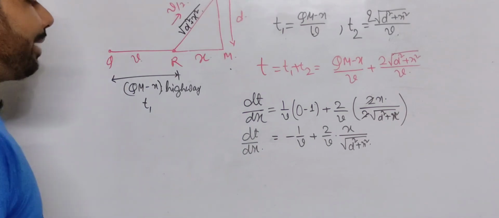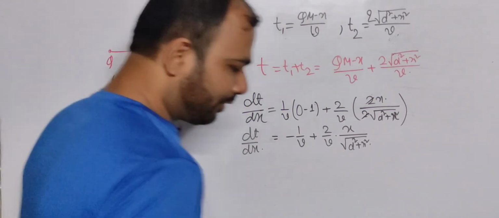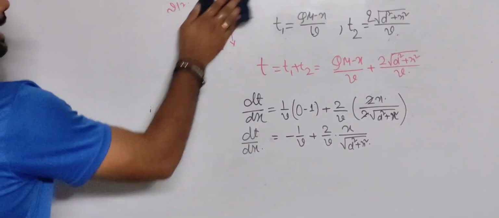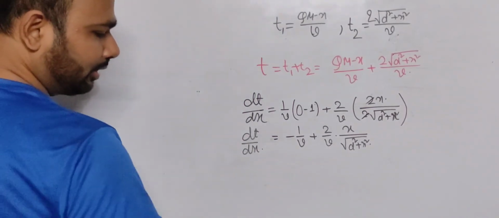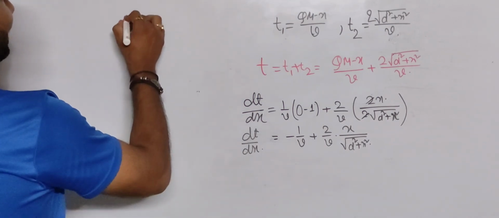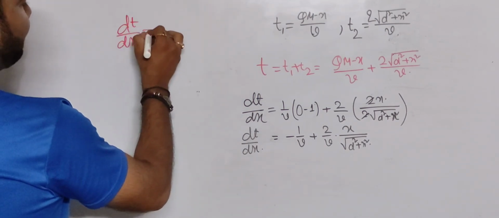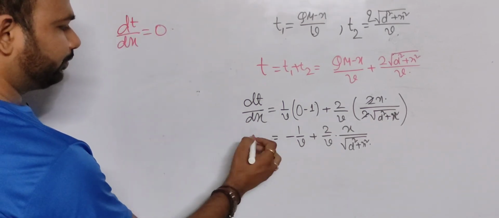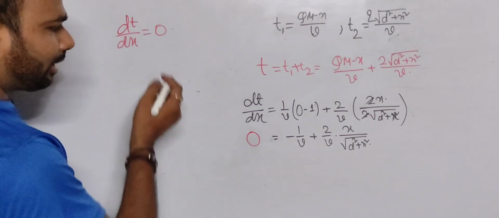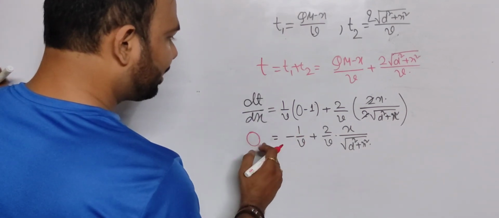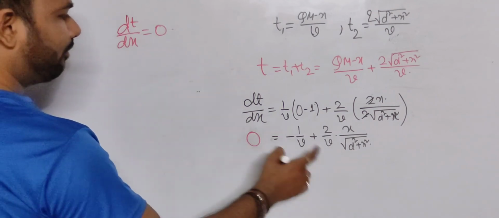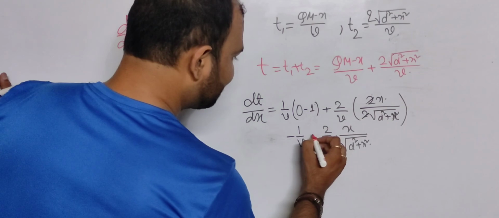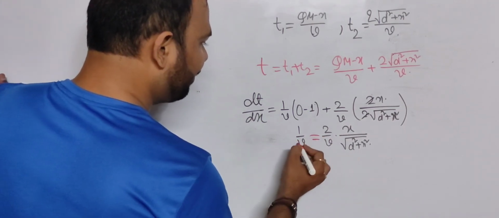For a maximum or minimum value of t, we have to equate dt by dx to 0. If we consider this as 0, what will happen? This v will come over here, and the v's get canceled out.